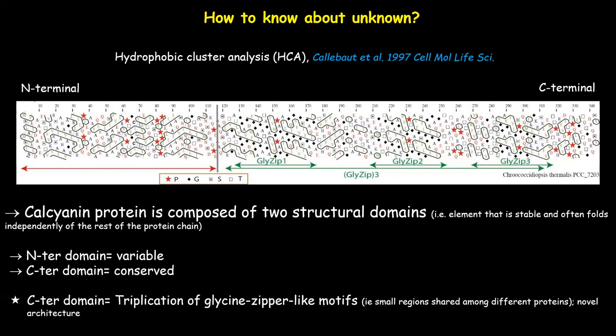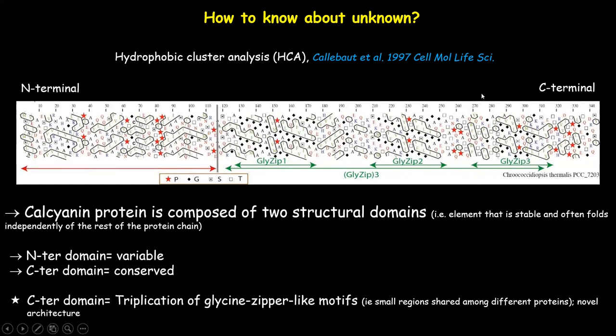And so by looking at this kind of graph, it was possible to see several things. First of all, there are some structural motifs here, like this one, which is repeated a second time and a third time.